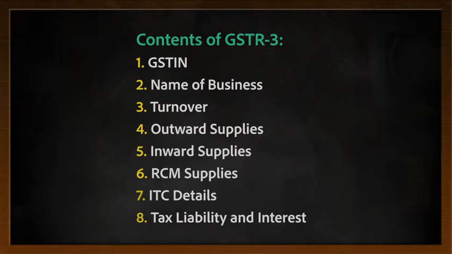Apart from this, there will also be details about your outward supplies. What is outward supply? Your sales details will be there. Your purchase details will be there as inward supplies. Outward supplies will be there, inward supplies will be there, RCM supplies will also be there.